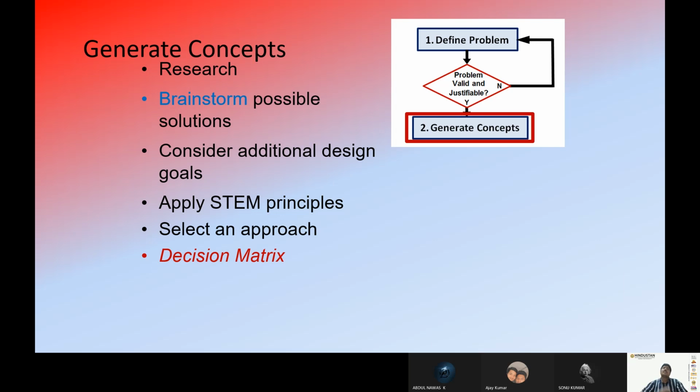You can do research in every place. You can see the daily newspapers. You may get some concepts. You can go through the journals. You can get some concepts. If you are reading some magazines, you can get some concepts. Especially the electrical students, if you are reading Electronics For You, IEEE Spectrum, these are the leading magazines. They will tell you about the current advancements and about the future.